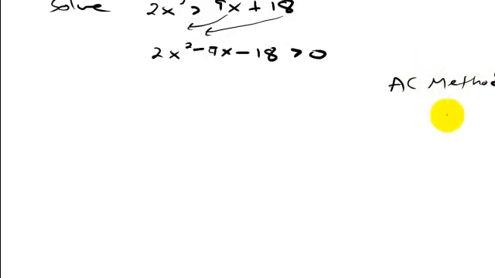Alright, so what we're going to do, and here's A, B, and C. You multiply A and C together, which gives us negative 36. And what I want is to find numbers that multiply to negative 36 but add to negative 9.